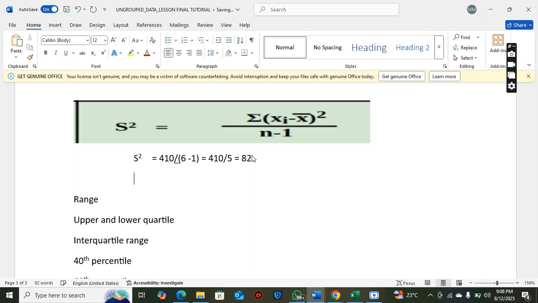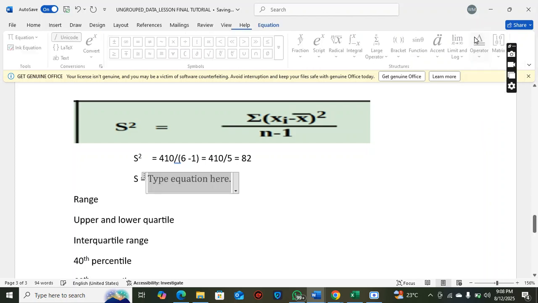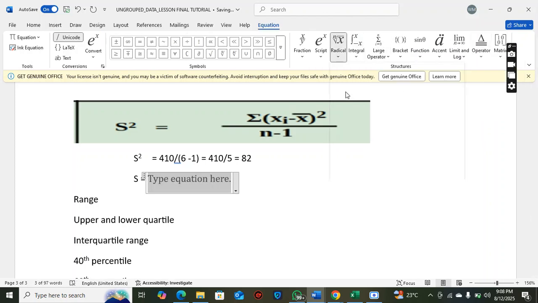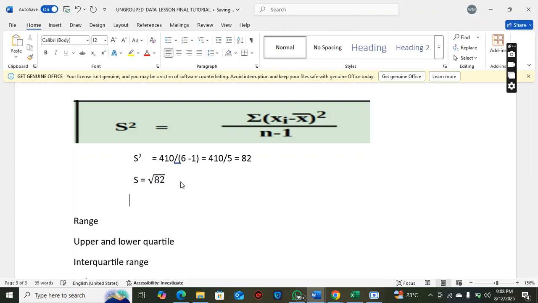So now to get the standard deviation, you get the square root of the variance. So what is the square root of 82? 9 point.